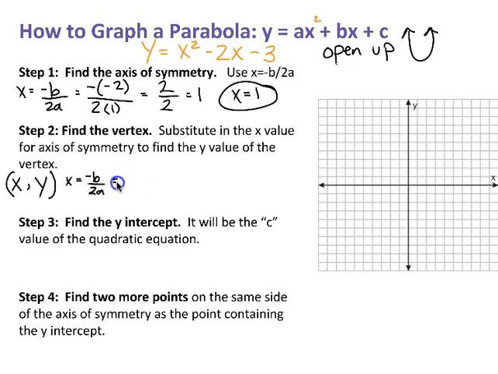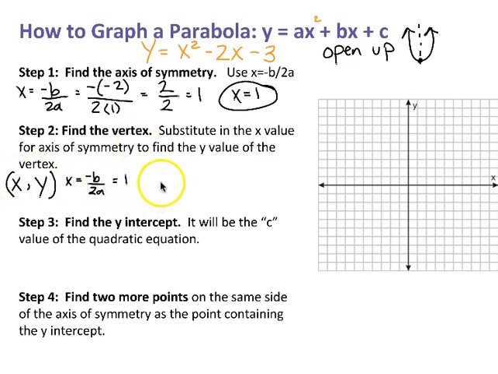We already know that the x coordinate of our vertex is going to be equal to 1. We just did it for the axis of symmetry. Remember, the axis of symmetry actually intersects our vertex. So we already know the x coordinate of our vertex is x equals 1.